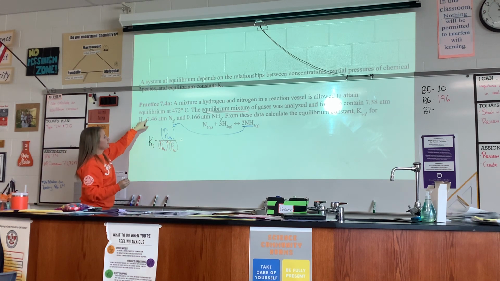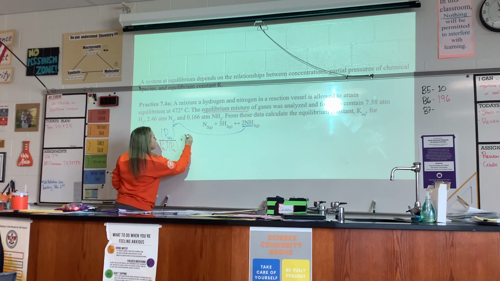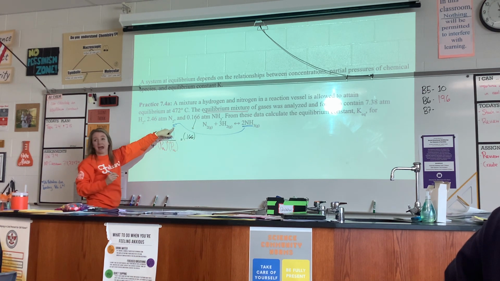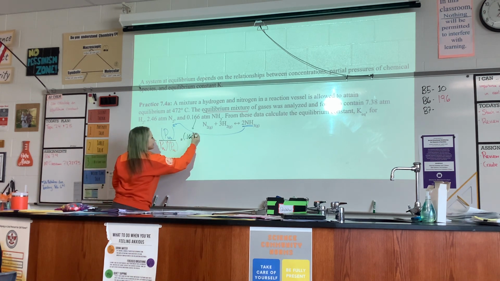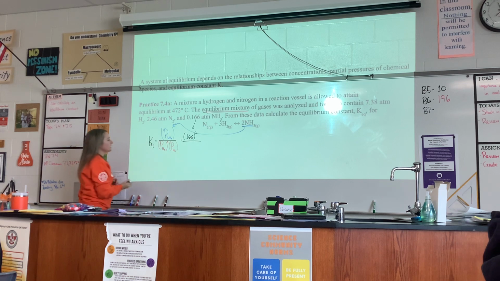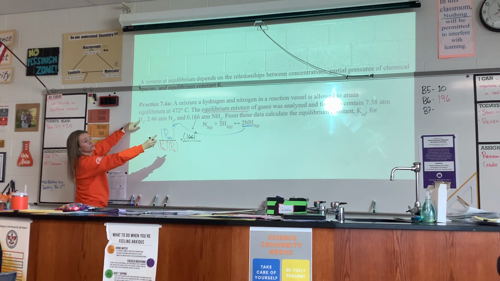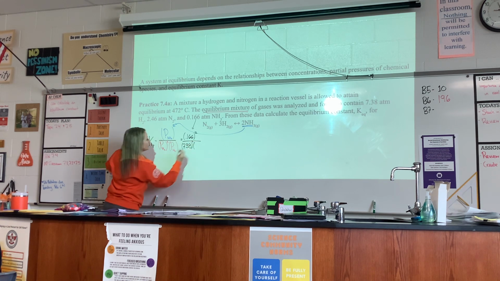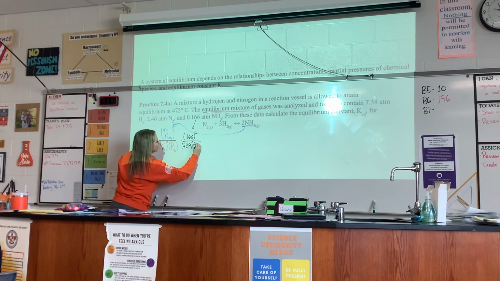Allie, have a smiley face for that, by the way. Okay, so NH3 is 0.166. Now, don't lose the powers when you start plugging things in. That's a common thing sometimes students just forget. So keep that squared over the H2, which is that 7.38, and that has to be cubed, and then 2.46.